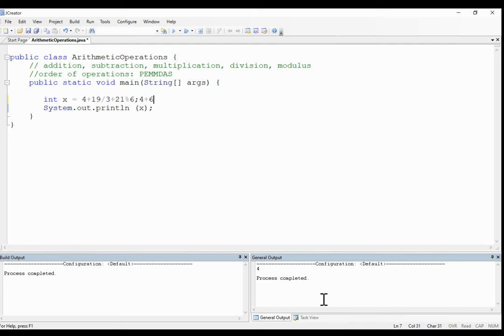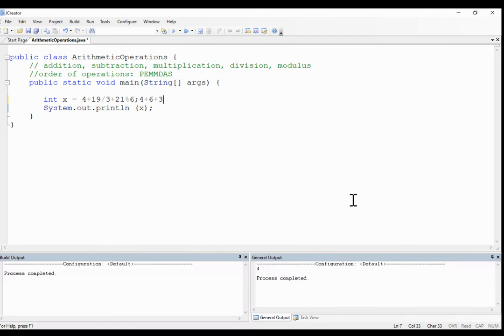And then after division, I'm going to evaluate the modulus. So 21 mod 6. When you divide 21 by 6, what is the remainder? So 21 divided by 6, you're going to get 3. So 6 times 3 is 18, so 3 is the remainder.